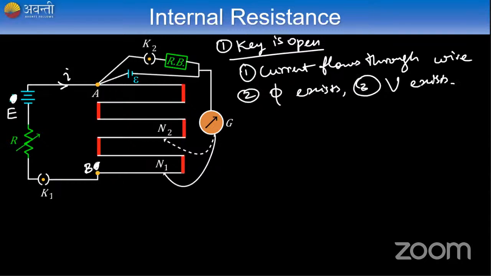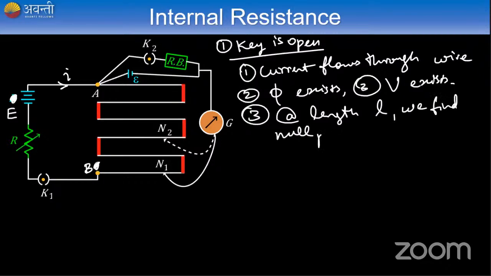So since potential gradient and potential drop exist, there is current through the galvanometer. So at a length, sorry, we'll still consider length L1, we find null point N1. Okay. So similar to the previous case, here in the first case the key is open.